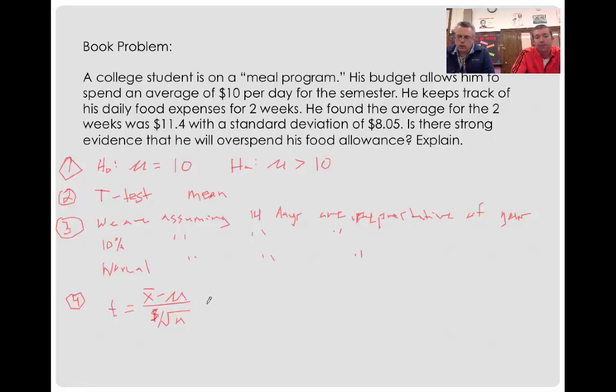So x bar was 11.4, and we're assuming the mean is 10. That's our assumption. Our standard deviation was 8.05, and we are dividing that by the square root of 14, because that's 2 weeks, 14 days.